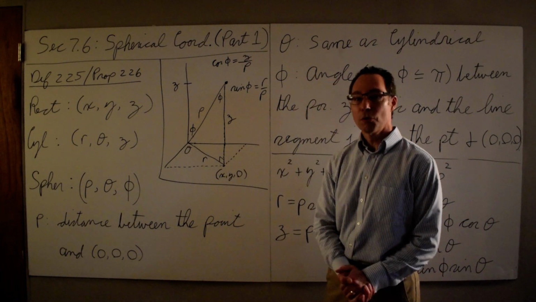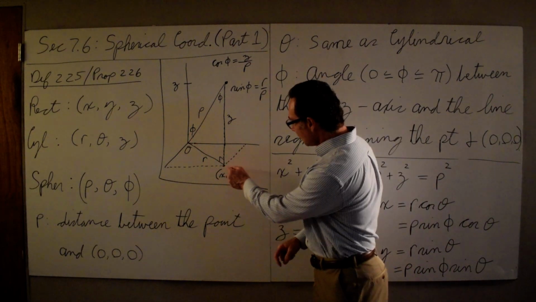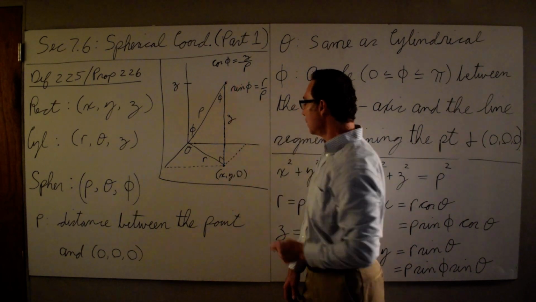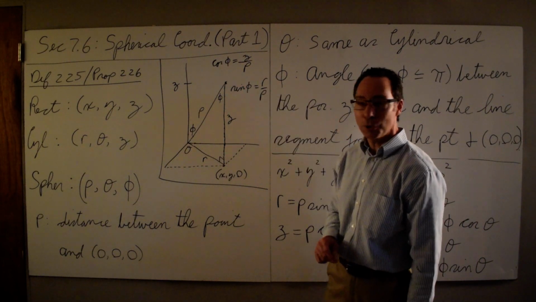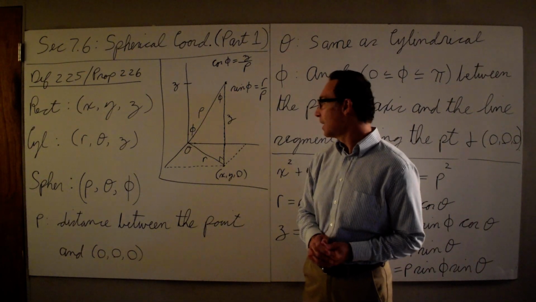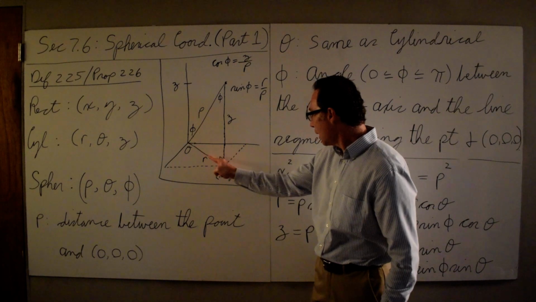Now, what about some conversions? Now, in this triangle, this line here comes from the x-axis up into 3-space. So this length here is z. In my picture, z is longer than rho, but that's not to scale. This line is in the xy plane.